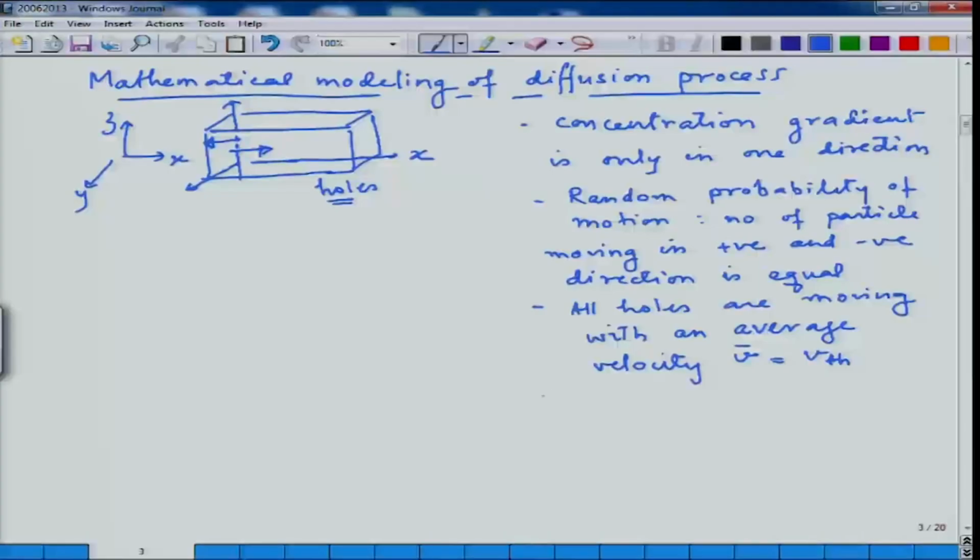Finally, in order to simplify the analysis, we also make the assumption that all particles move at the same time.